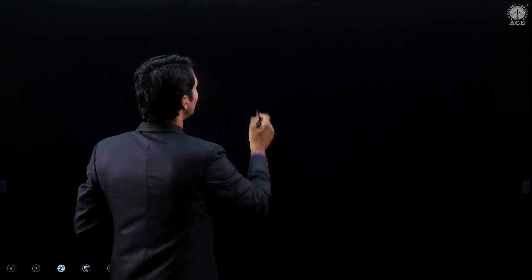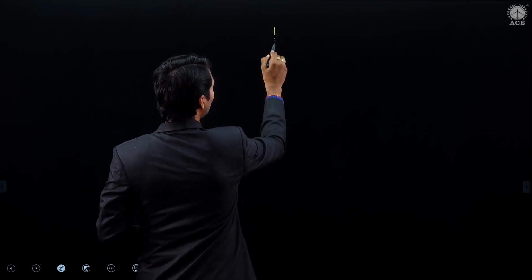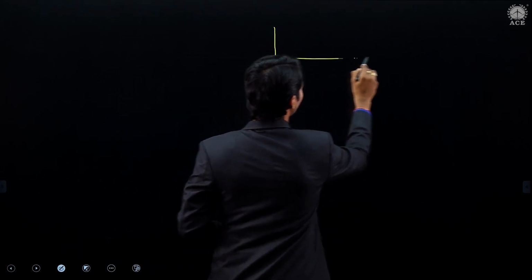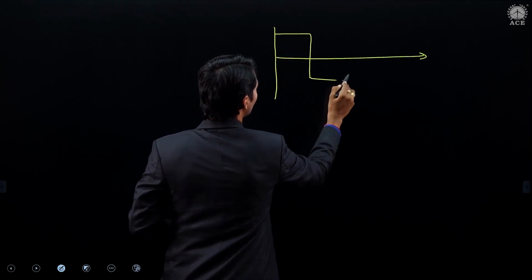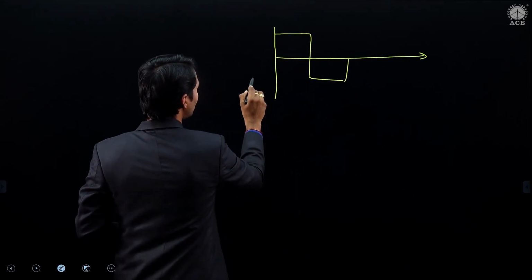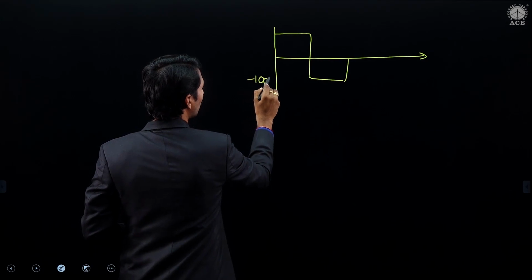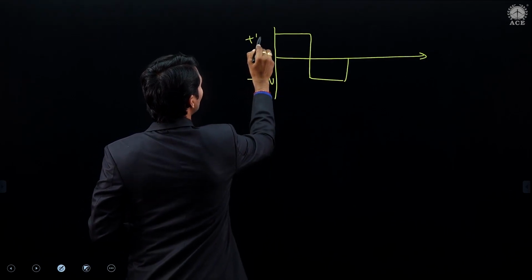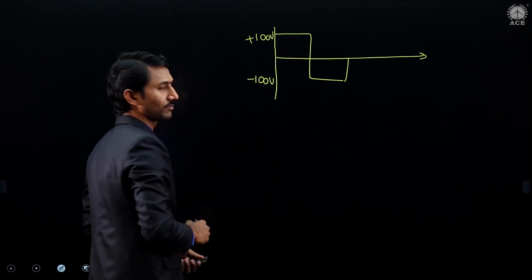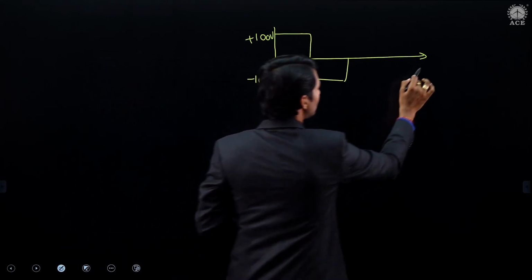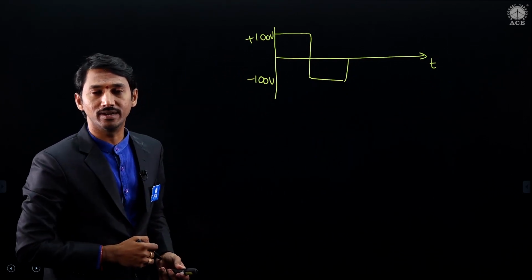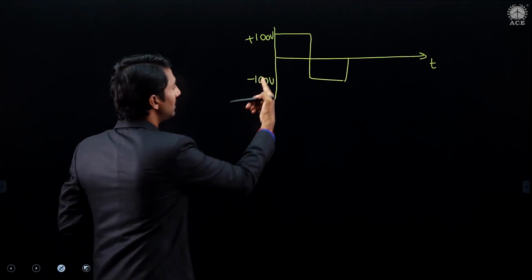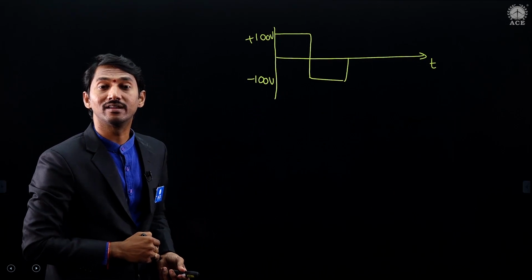First, let us take the given square wave. This is the square wave, right? What is this value? Minus 100 volt. Here it is plus 100 volt. Sir, this is given to which device? The rectified type device. Rectified type means this will be rectified by the rectifier first.